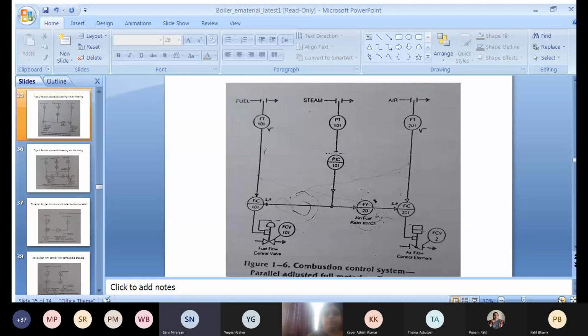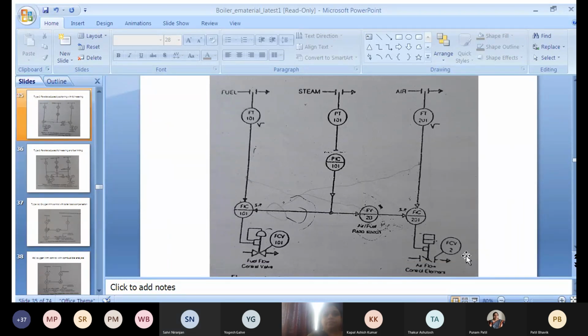Just zoom it on your screen. Ma'am, your screen is not shared as this. Visible, ma'am. I have the PPT shared. Yes, the PPTs are visible. Okay, if the diagram is not clearly visible, zoom in on your device. Okay.